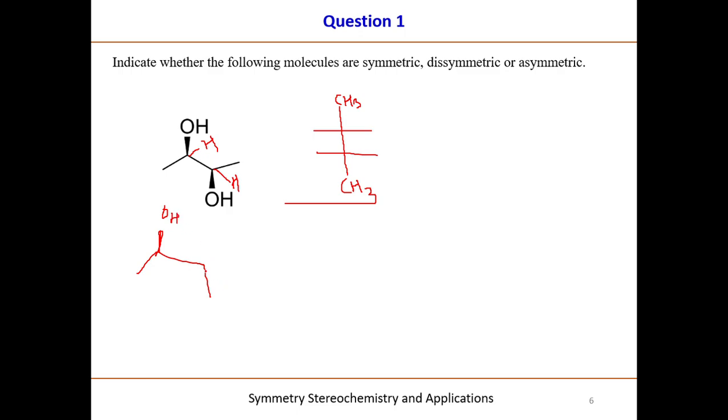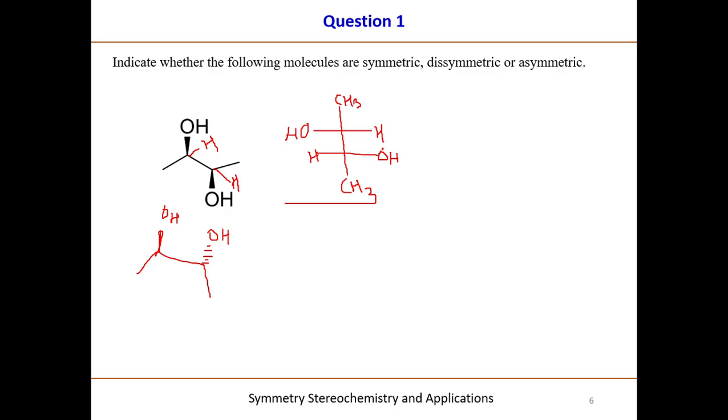OH, then OH, correct? Where OH is present on the wedge, that means it is on the left side, and if it is on the dash, it is on the right side. We have discussed this in the previous class. So now we got this molecule.